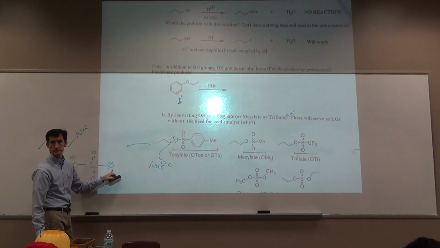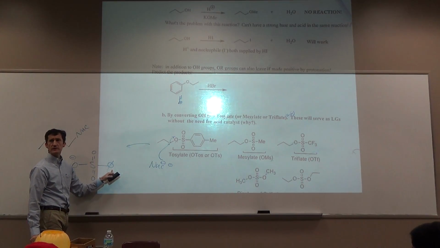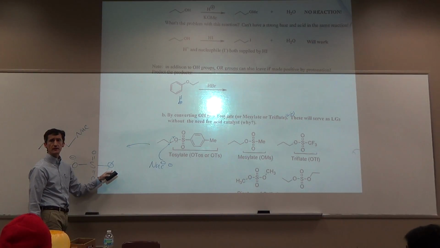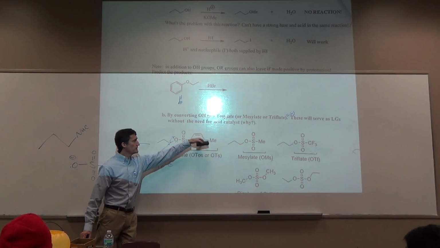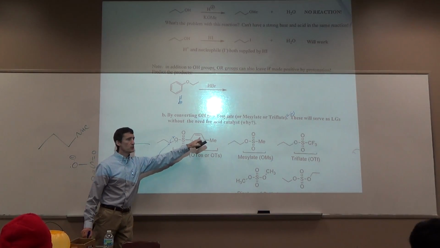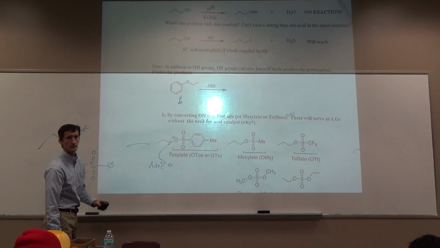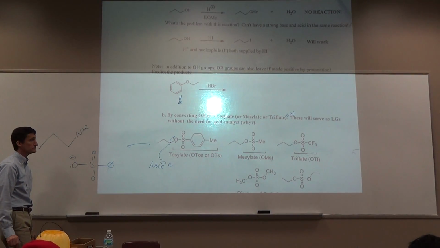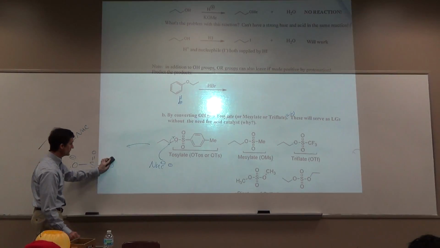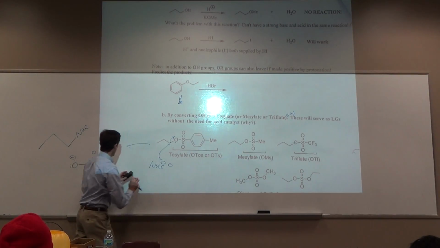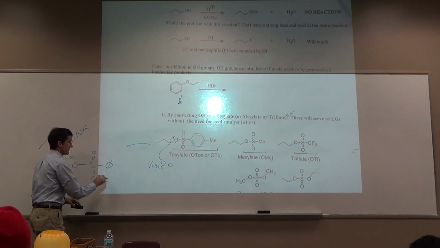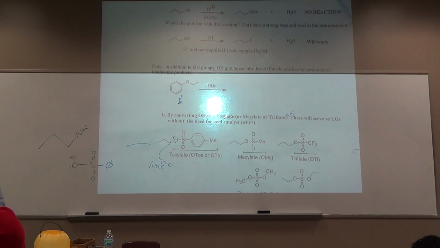What is this? That's supposed to be Greek letter phi. That's generic for an aromatic ring. Okay? I just didn't want to draw that big old aromatic ring, but you need to know what a full tosylate structure looks like. You could also maybe put R, and R is this big old thing here.